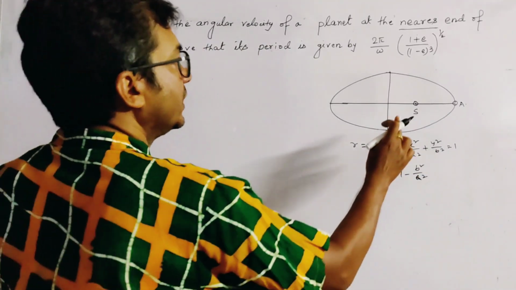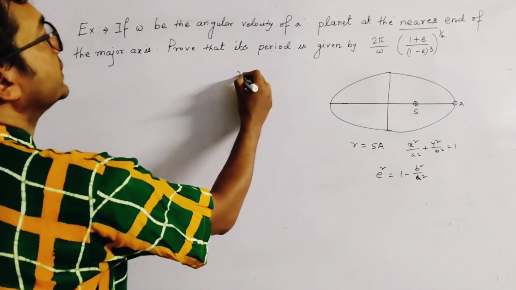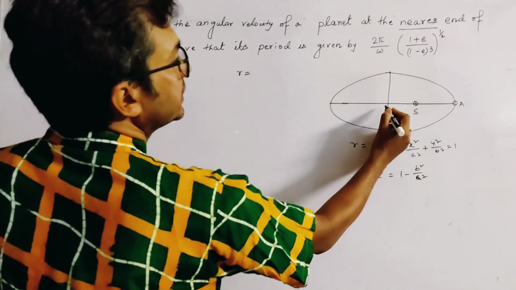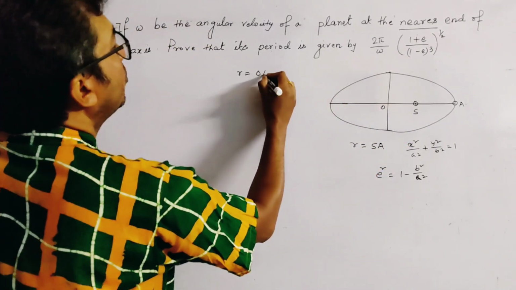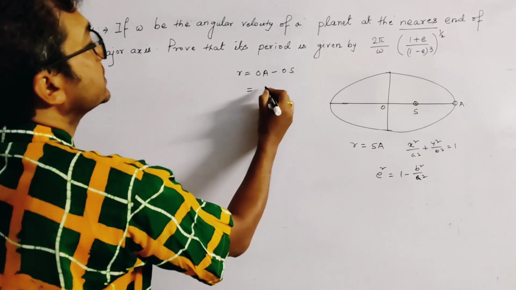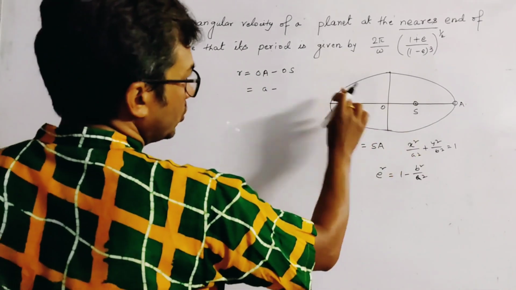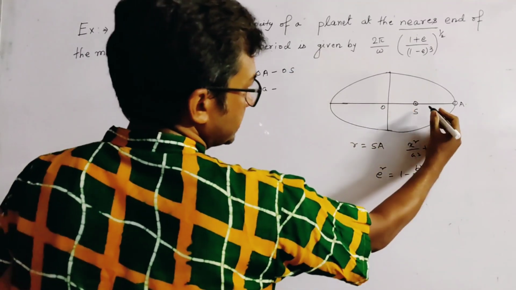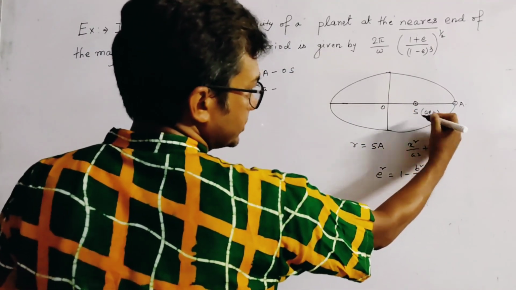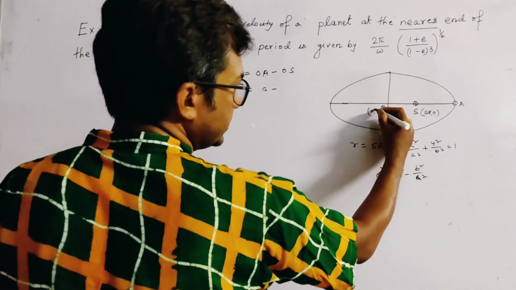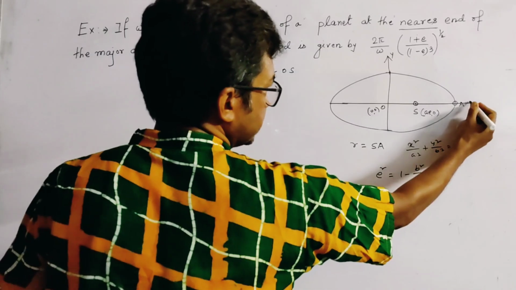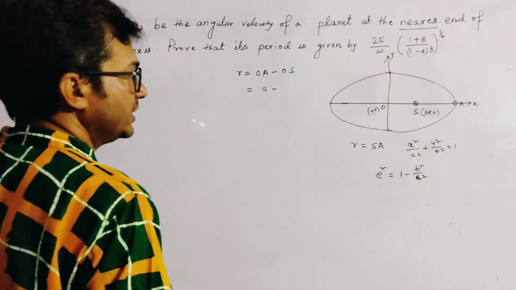Now we know that the radius vector r is equal to SA. This means OA minus OS, and this is given by a minus OS. OS means the coordinate of S is (ae, 0), if this is the origin, this is taken as the y-axis and this is taken as the x-axis, right?